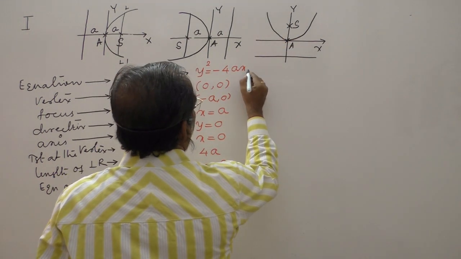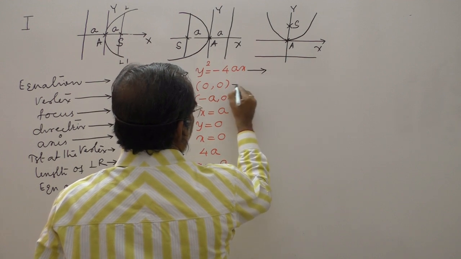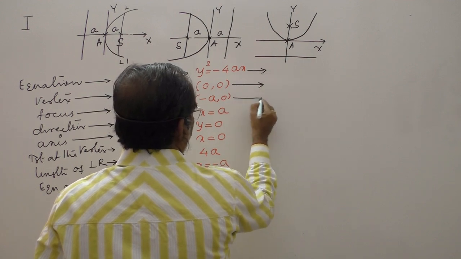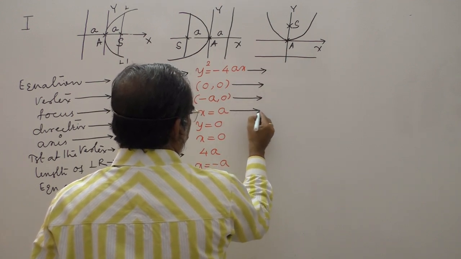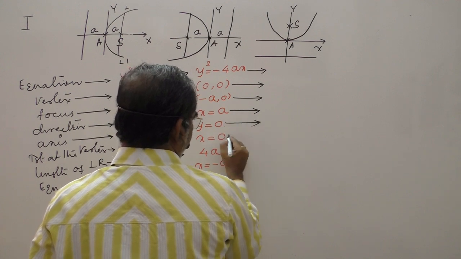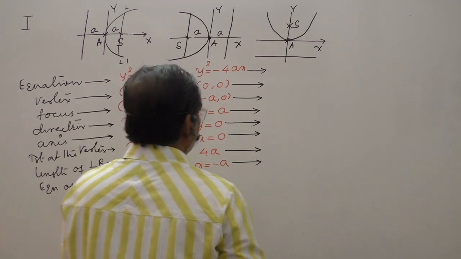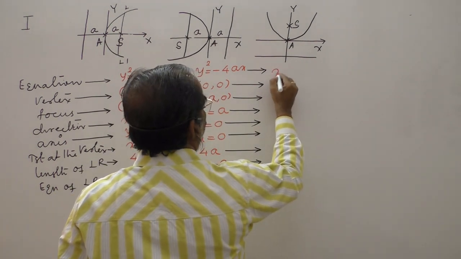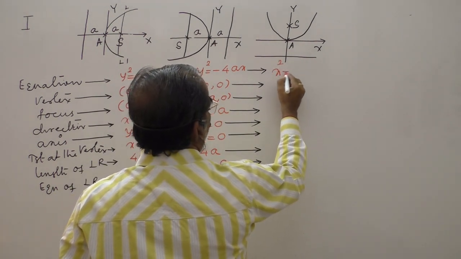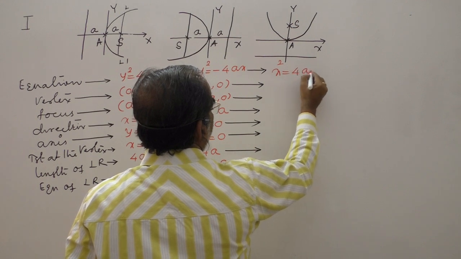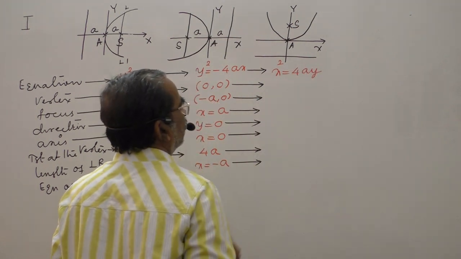Therefore, the square will be there for x here. So, we will write all the details for this third parabola. For this third, the square will be there for x. Therefore, its equation is x square equal to 4ay.